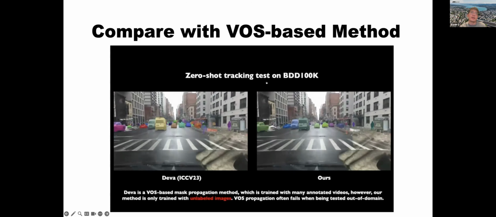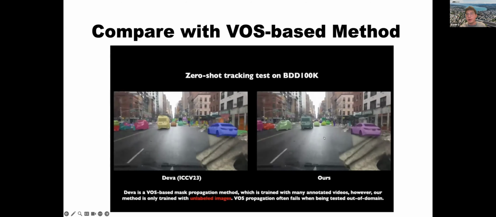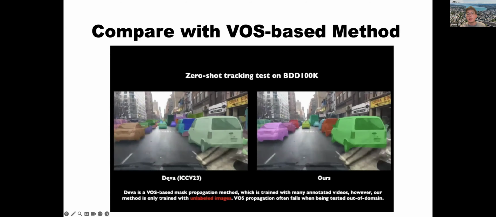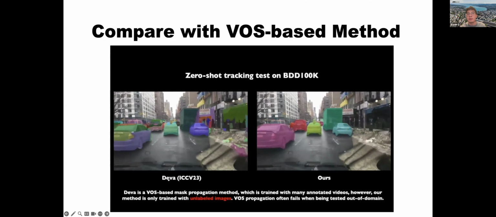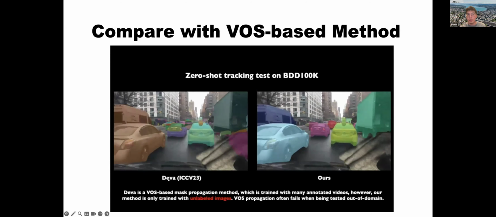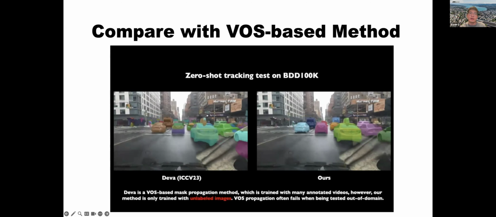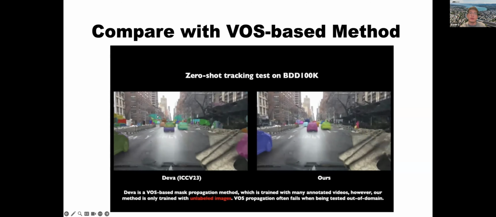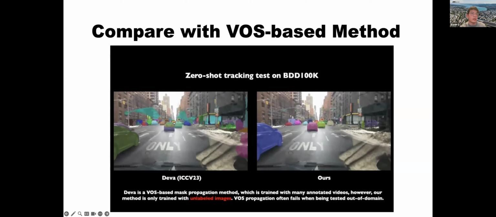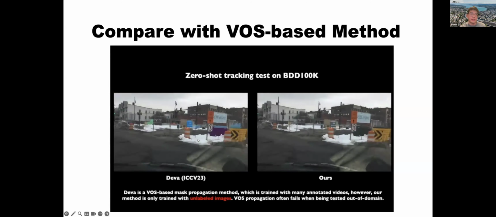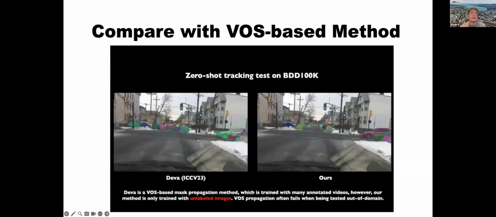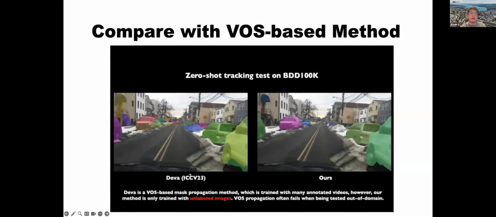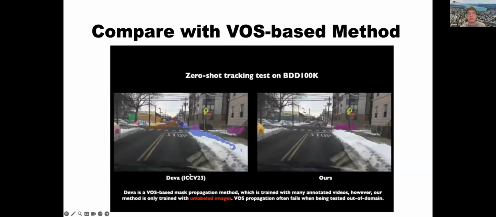Because at the submission of our paper there was no SAM2, we tested DIVA, which uses XMem. I think XMem is also tested in the SAM2 paper. When you densely track all the objects together, with new objects coming in and old objects leaving, it's quite a challenge for this VOS propagation-based method.